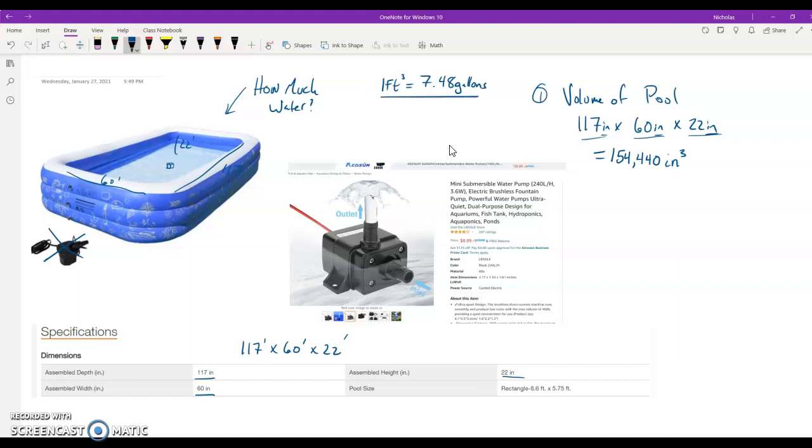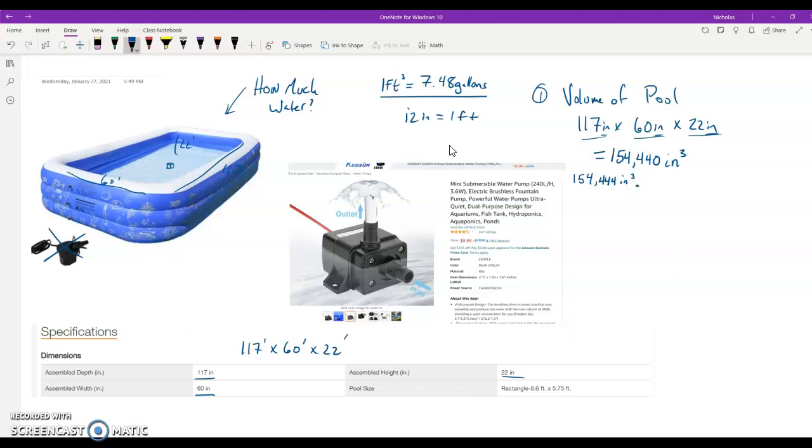Now, that's a little different than what I have. I've got inches cubed. So what I'm going to need to do now is convert my inches cubed into feet cubed. There's one thing that we need to remember though. I know that there are 12 inches in 1 foot, but when it comes time to actually convert inches cubed, we have to remember that there are 3 of those units of inches there.